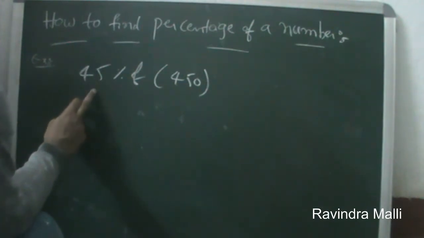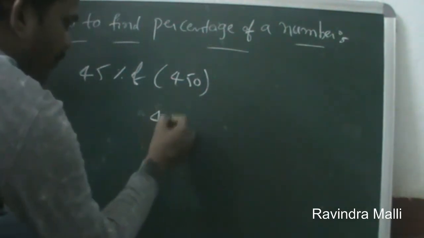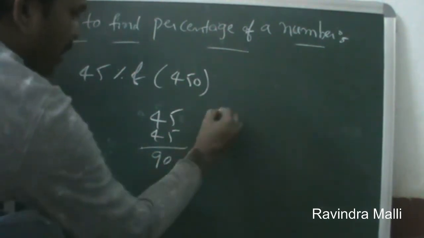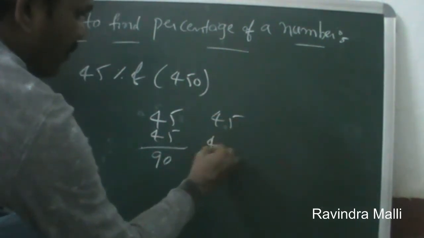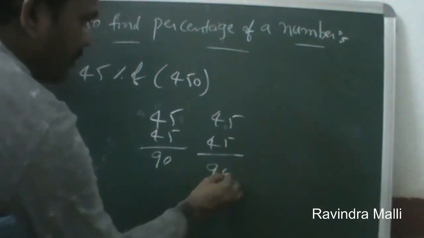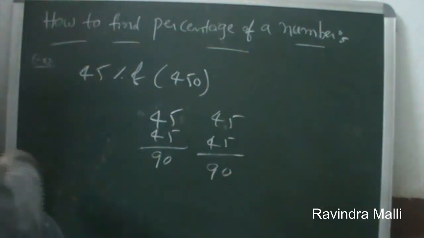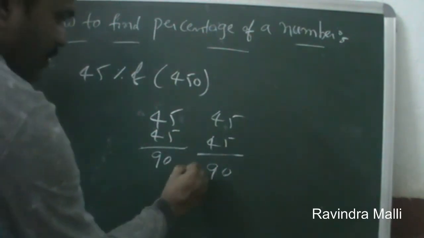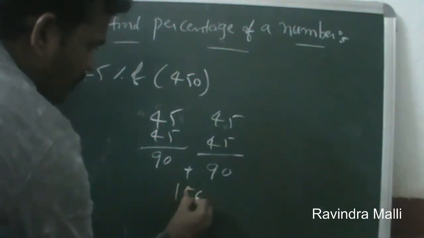It is easy to find the 10%. 10% of this is 45. Again, 10% is 45. This is 90. I'm going to take a separate 20%, 90. If I take 45 four times, it is a little difficult to add again.